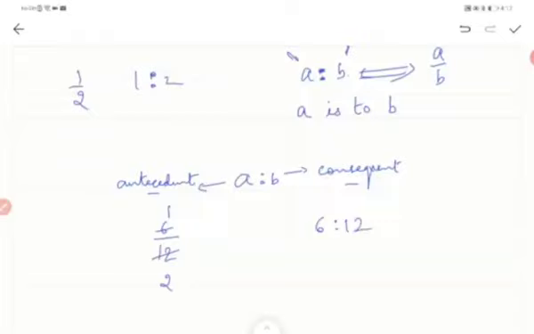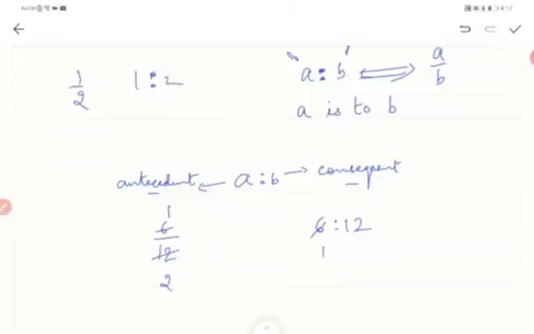This ratio is not in the simplest form. So to be in the simplest form, this antecedent and consequent should have common factor only 1. It shouldn't have more than 1.